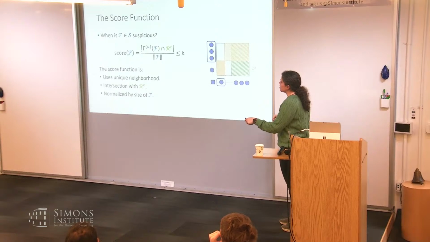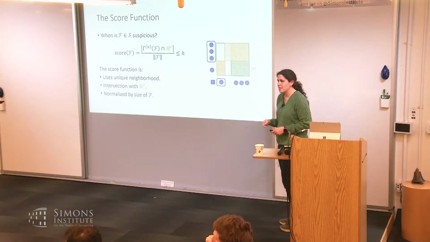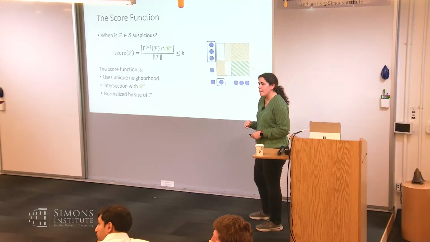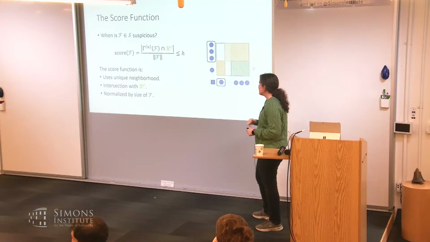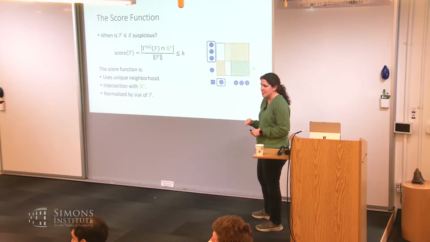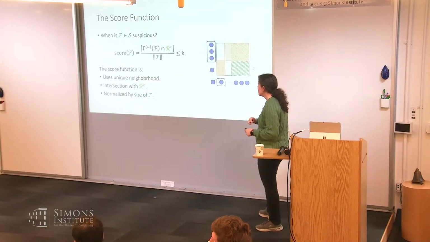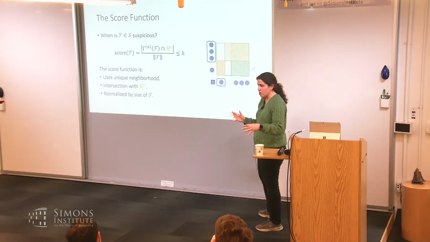So maybe it would help if you said, is a large score good or bad? Because it seems like there's some tension. You want RC to be big, but you don't want the neighborhood to be big, it seems. So we want a lot of intersection with RC. Oh, I see.